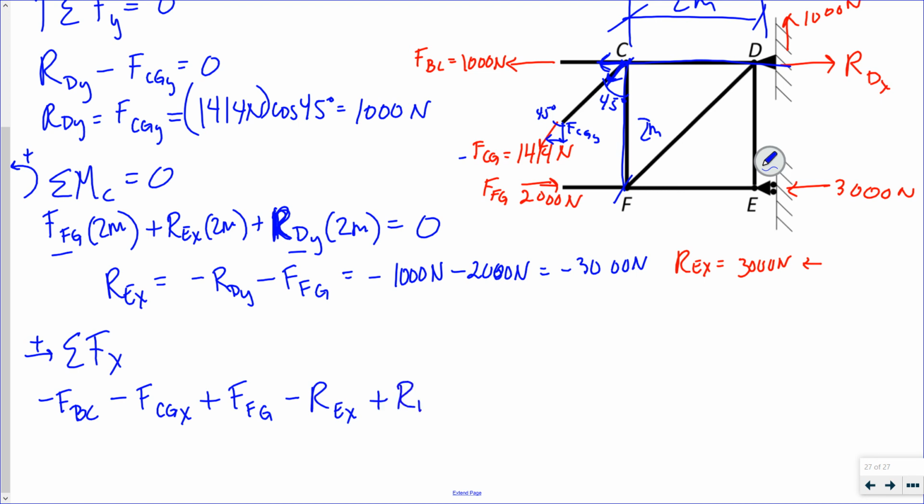And RDx. The only one I don't know is RDx. So RDx equals REx plus FBC plus the horizontal component of FCG minus FFG.